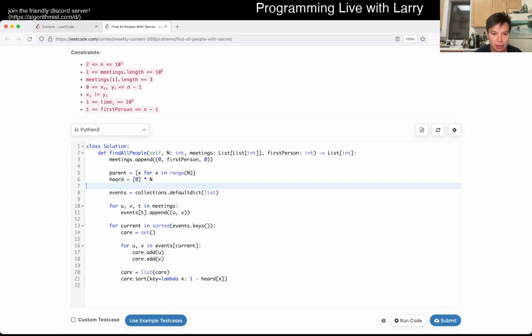Care about the edges. Maybe I can do this in a different way.